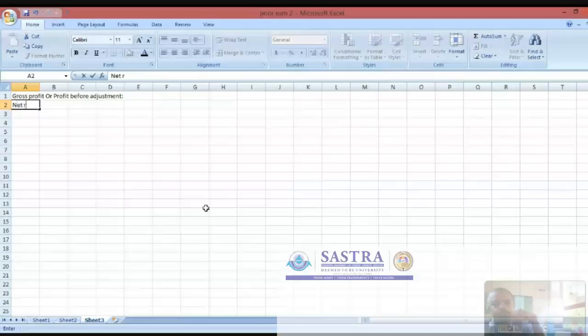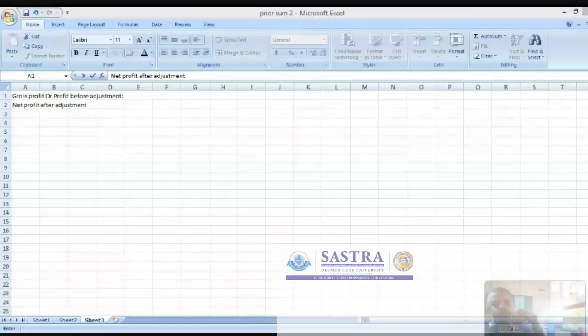Net profit after adjustment is given 1,25,000.